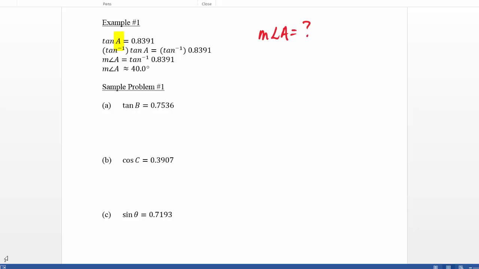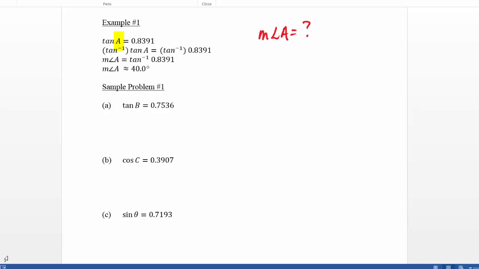So for sample problem number 1, I want you to get in the habit of using your calculator for the inverse function to strip away the trig function from each angle measure and come up with the individual angle measures.